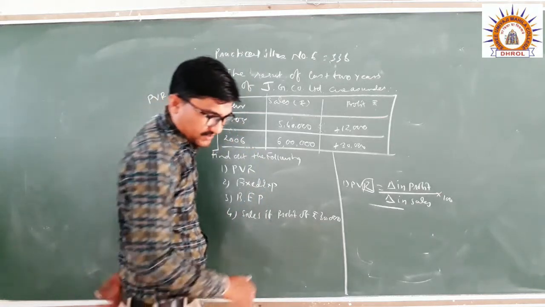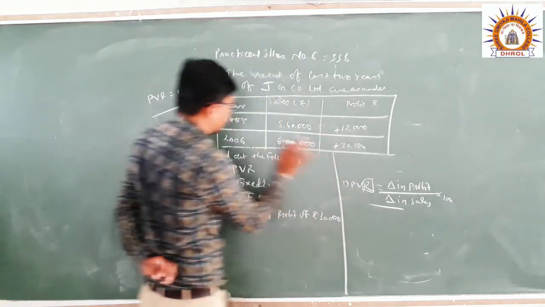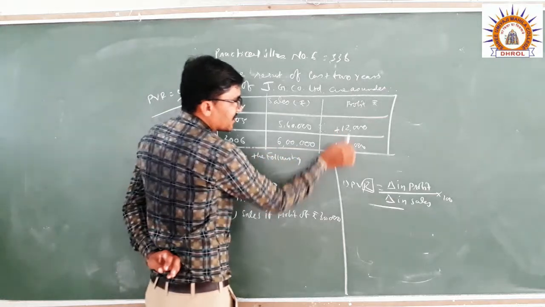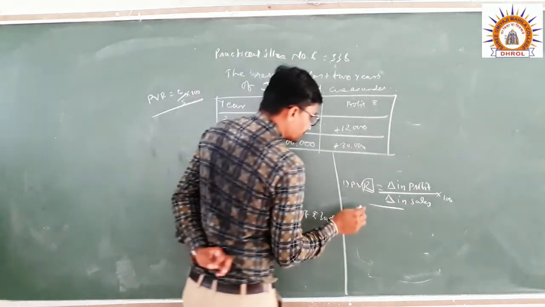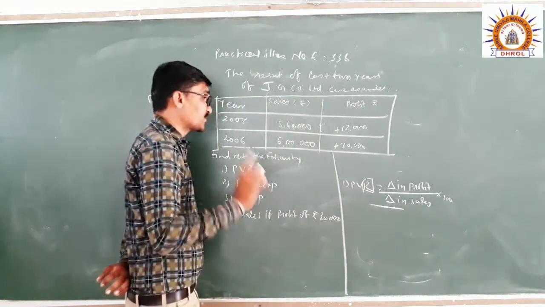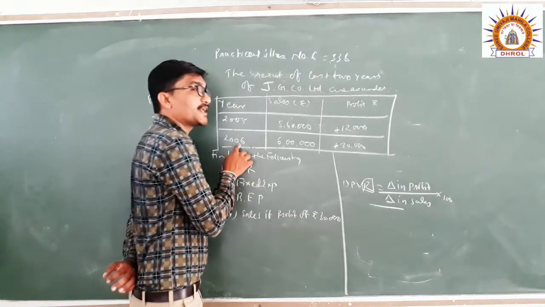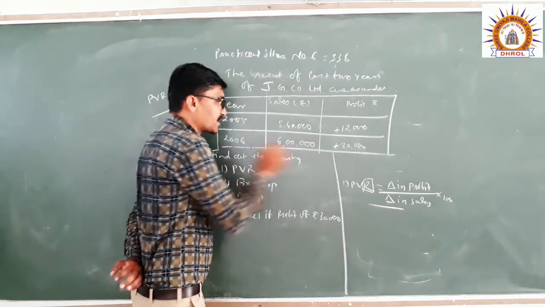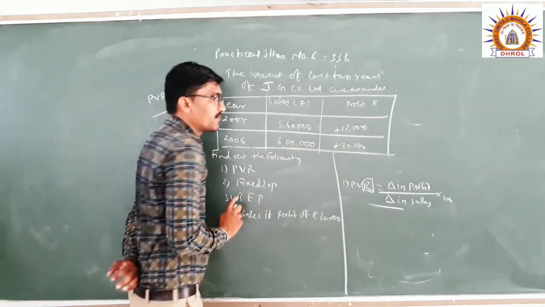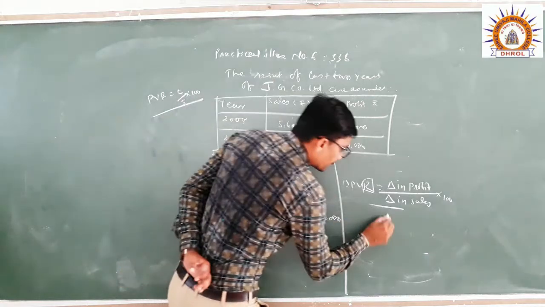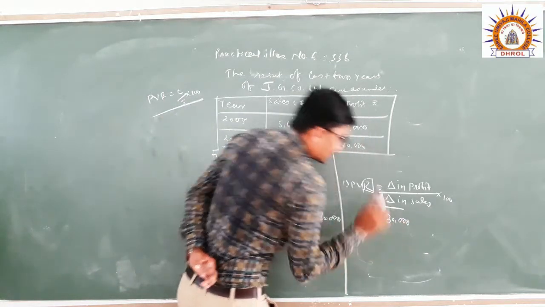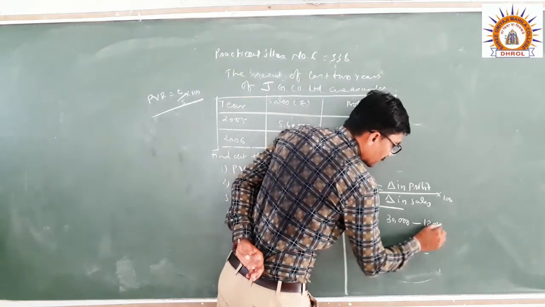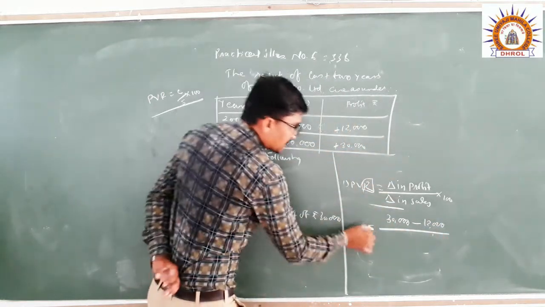The difference in profit over the last 2 years, that means 2005 and 2006. What is the difference of profits? First of all, you should write the current year's data, then the previous year. So 30,000 minus 12,000.